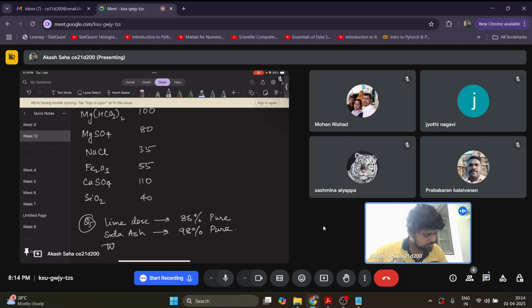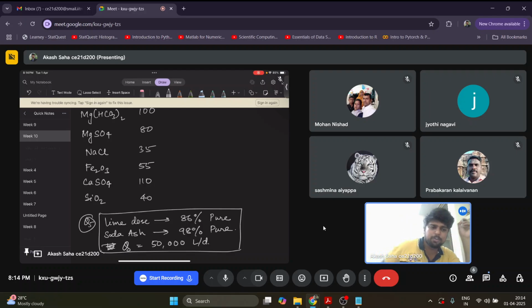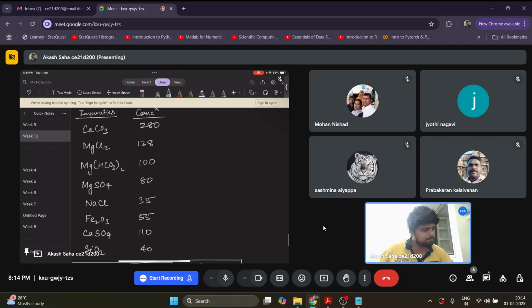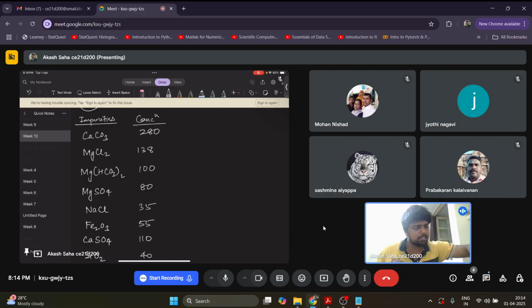Suppose the discharge Q is given as 50,000 liters per day. So I have to calculate what will be my lime dose and what will be my soda ash dose for a discharge of 50,000 liters per day if the purity is 86% and 98% respectively. These are the impurities given in the question.